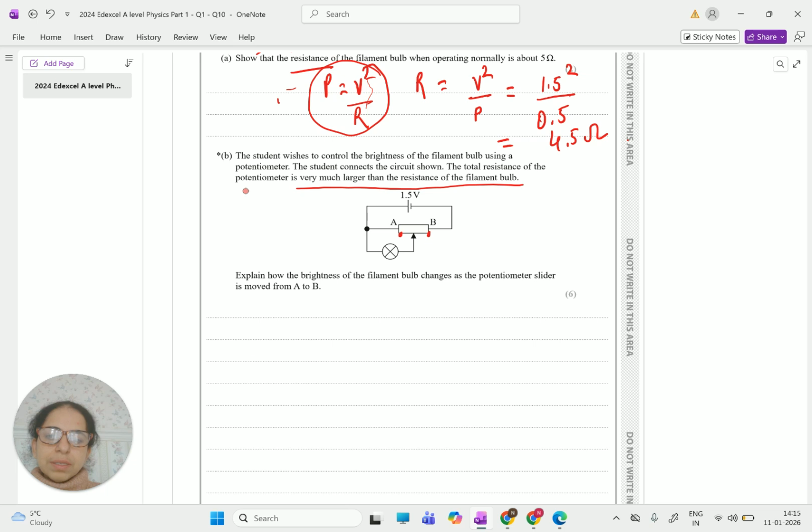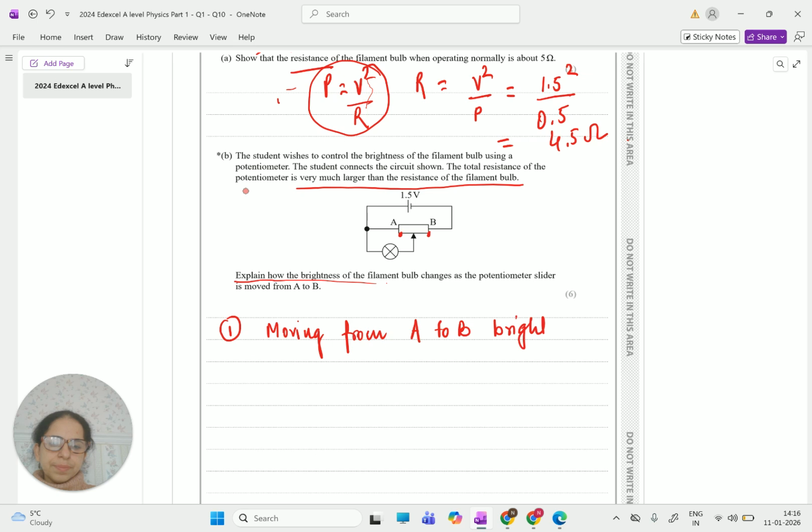I'll start by writing how it is changing, and then I'm going to explain it. The first point: moving from A to B, the brightness increases. Done. Now I'm going to explain why.